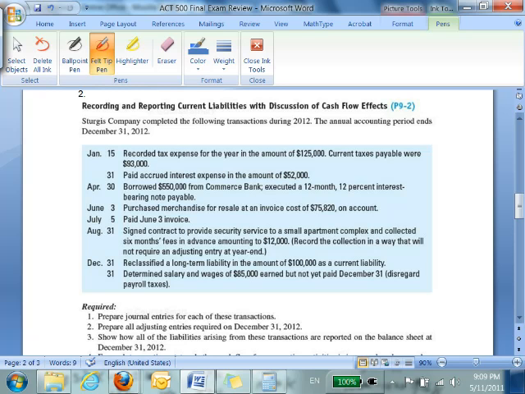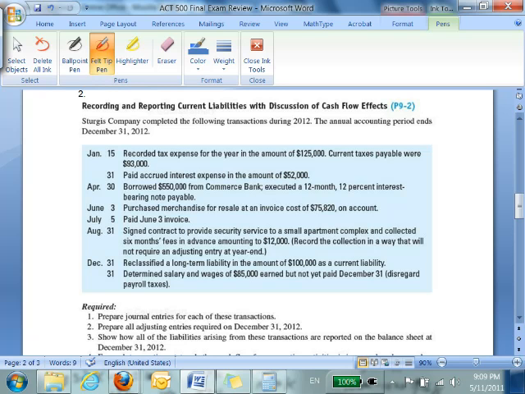Current taxes payable were $93,000. January 31st, paid accrued interest expense in the amount of $52,000.